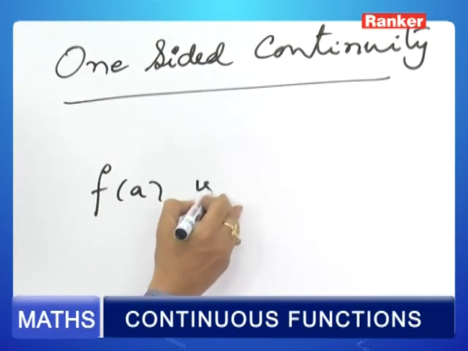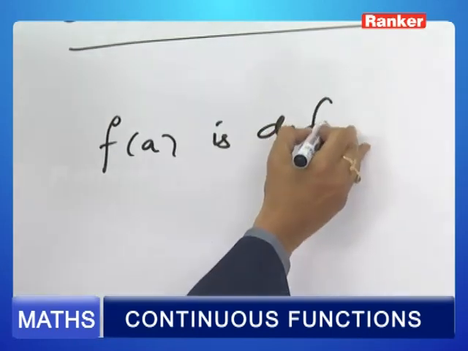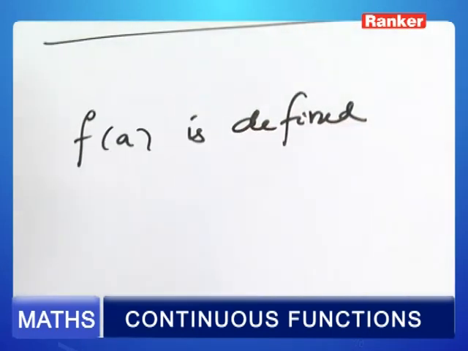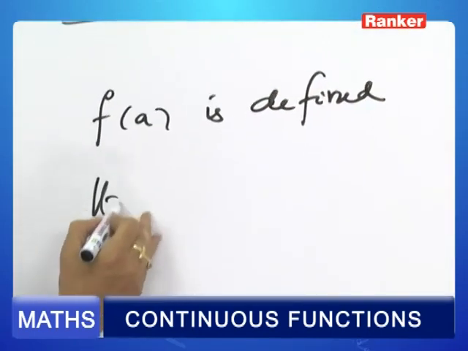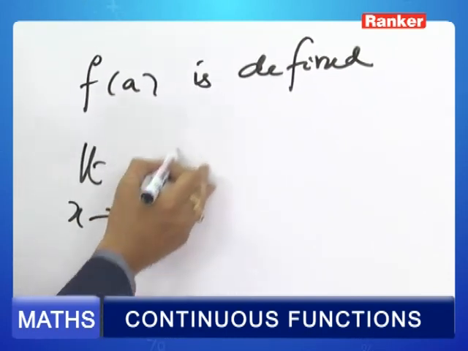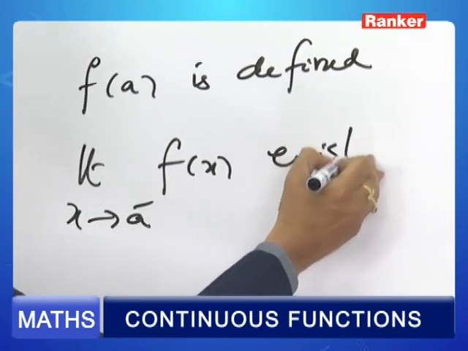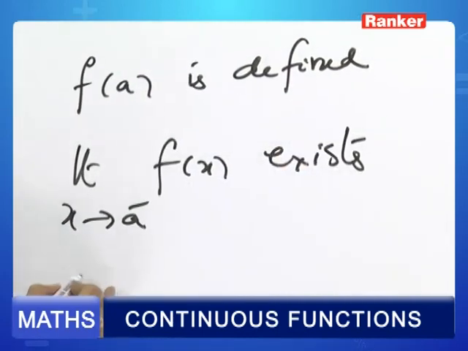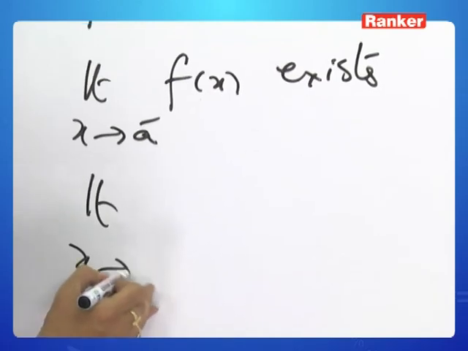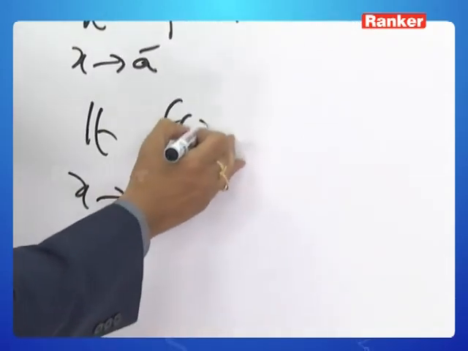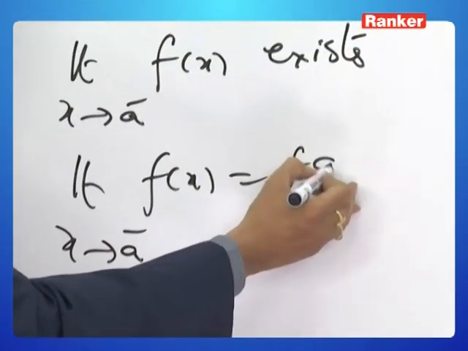f of a is defined. The limit as x tends to a from left of f of x exists. The limit as x tends to a from left of f of x is equal to f of a.